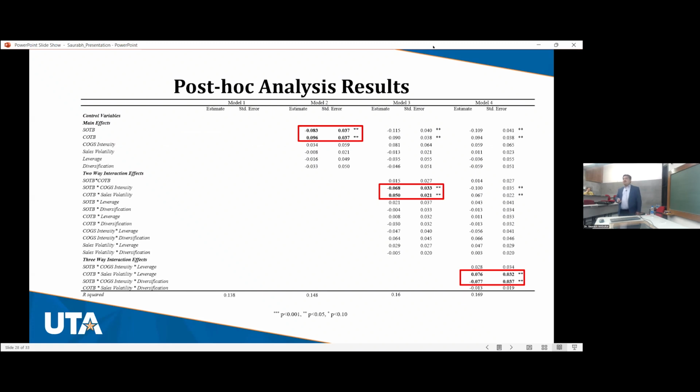So the greater the diversification, the more cautious the supplier on the board is in their decision making, making decisions that favor a short-term, maybe operational focus, and leaving environmental performance out of the picture. Sometimes you may think that this is going to come at the cost of operational costs, and we don't want to do it. So we see that negative effect there, suggesting that diversification may actually be influencing the SOTB's role.